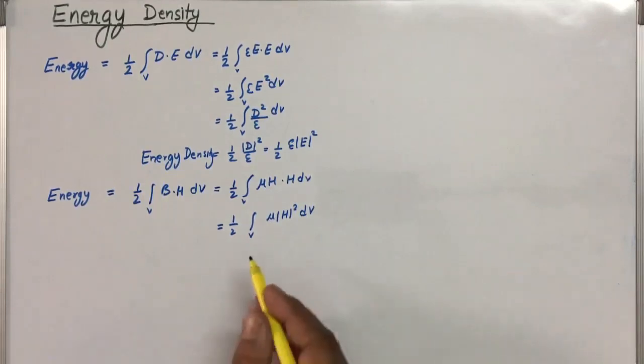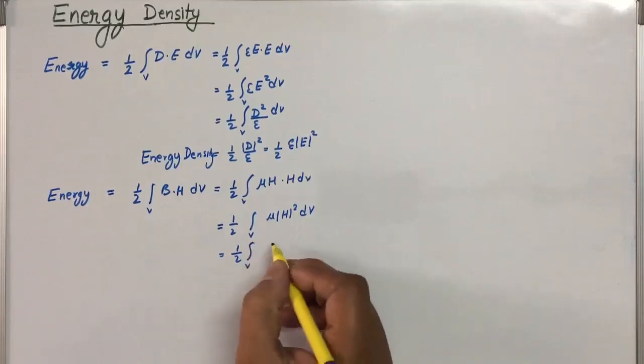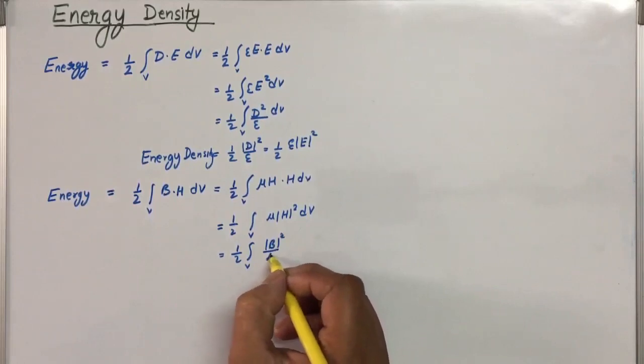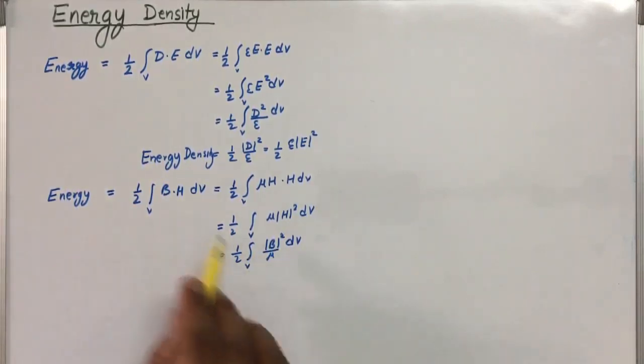In another form it can be written as half volume integral of B square divided by permeability. And this is just energy.